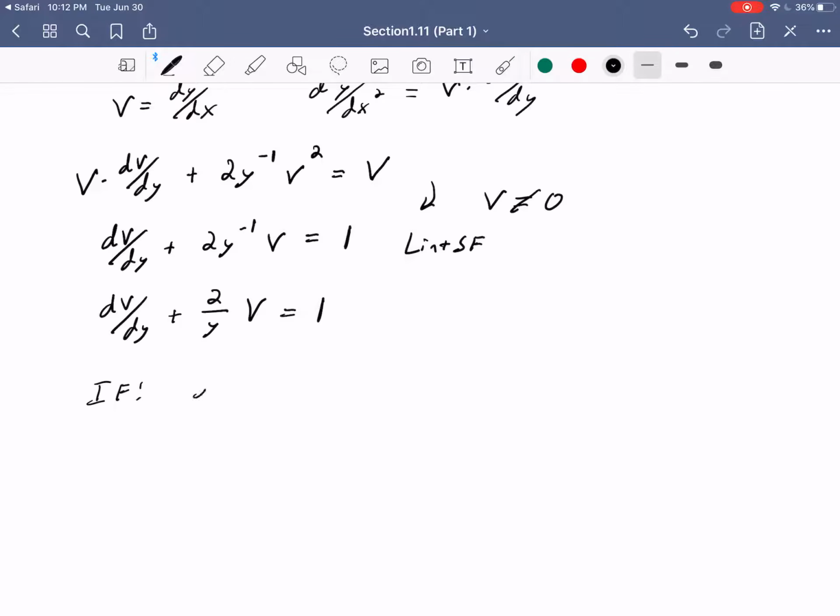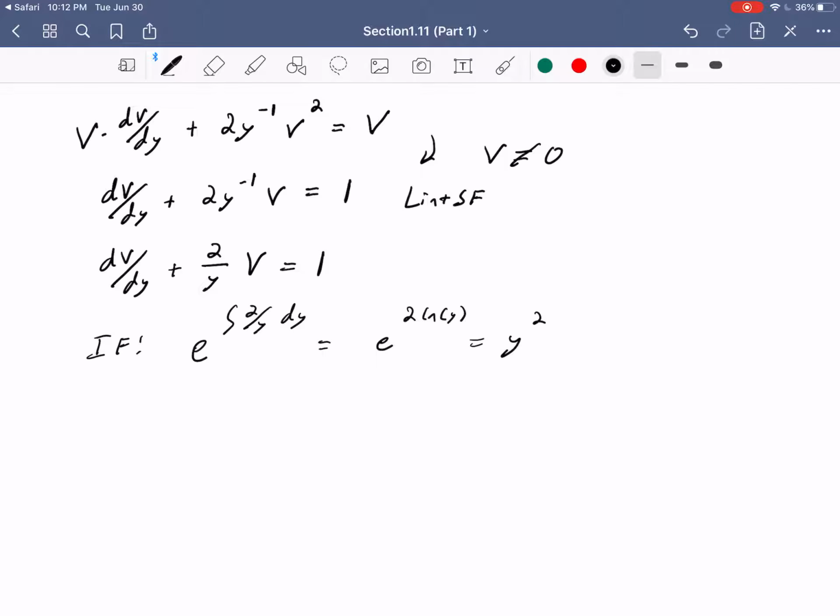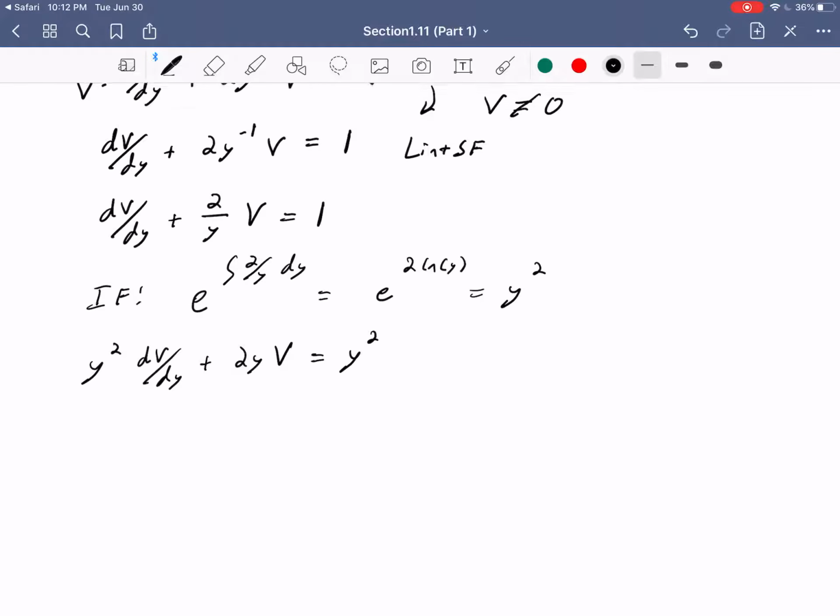So the integrating factor, e to the integral 2 over y dy, is going to be e to the 2 ln y, which, standard trick, put the 2 up as an exponent, ln of y squared, cancel it out, we get a y squared integrating factor. So let's multiply through, we get y squared dv/dy plus 2yv is equal to y squared.